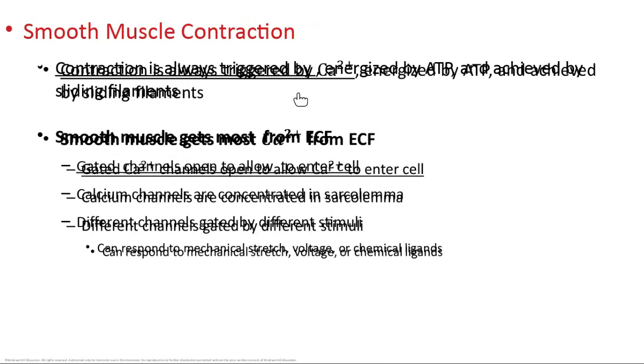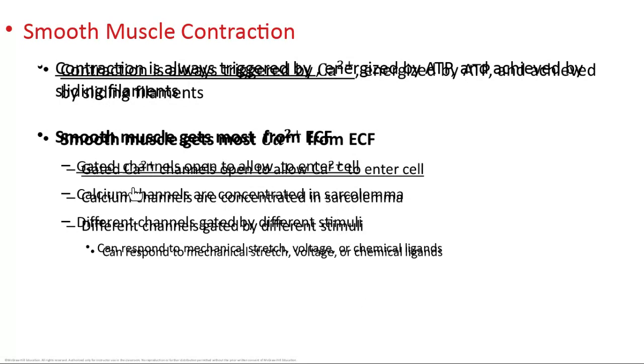Again, we have these blurry slides, but the main idea on this slide is reiterating that smooth muscle is going to be stimulated and start the contraction process based on calcium influx. Calcium from the extracellular fluid is going to come rushing into the smooth muscle cell, and this will cause voltage-gated calcium channels on the SR to open, and then we have our calcium coming out.